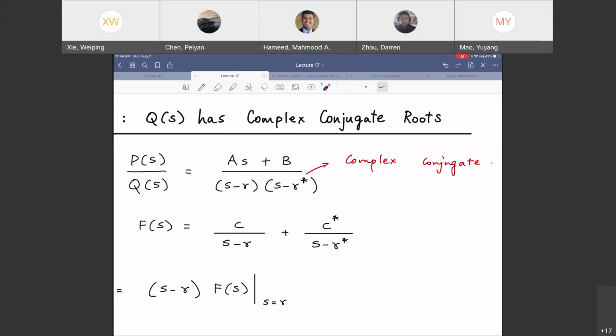So these cases are building on top of each other, right? So earlier you had distinct roots. Now you are adding a case where you have complex conjugate roots. So in some root that is S minus A plus JB and S minus A minus JB. Good.